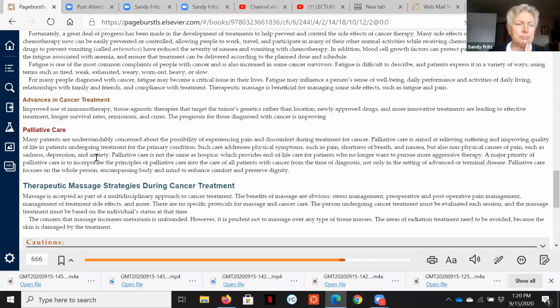So this is where we are also very active when we see the gift of palliative care. And we used to think of palliative care in this sense as end-of-life care, and that's not necessarily the case anymore.